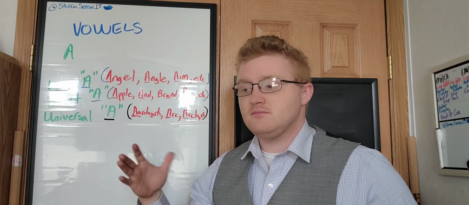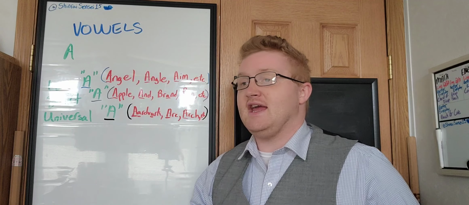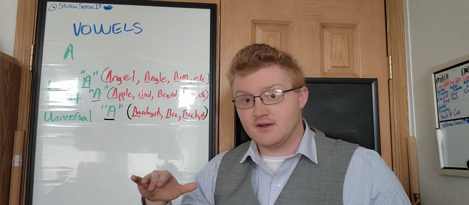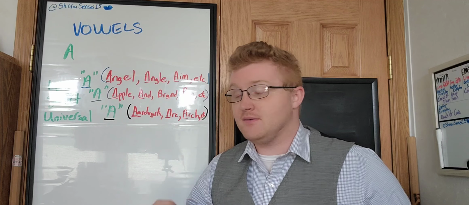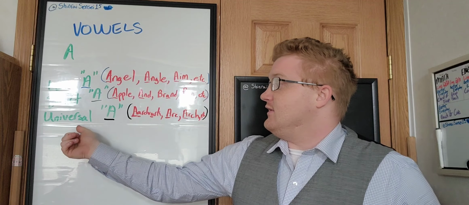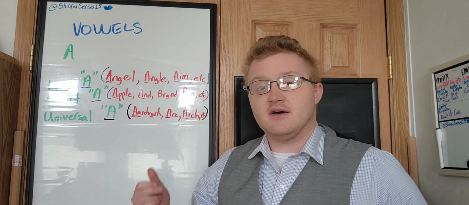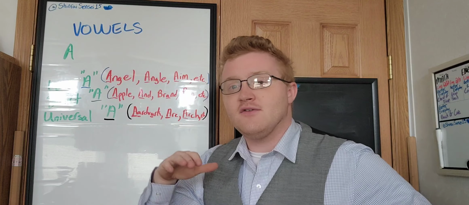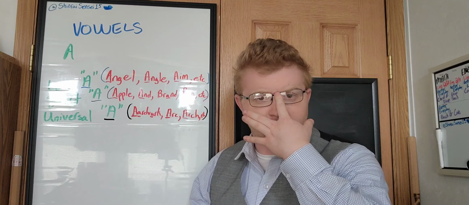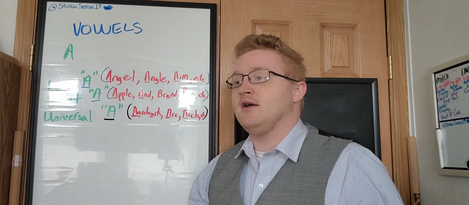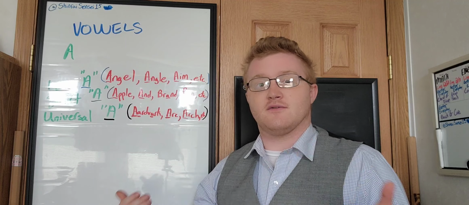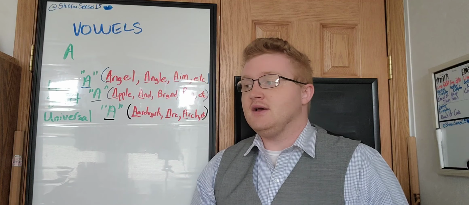So the universal A is also an O sound. The short O sound is the universal A sound, right? And the universal A is featured in words such as aardvark, arc, arch. Usually in situations where it's followed by the letter N or the letter R, you're going to see the universal A sound come out.